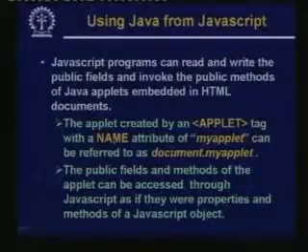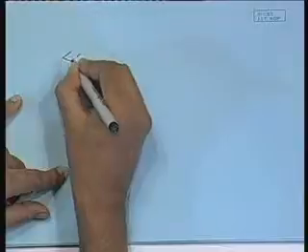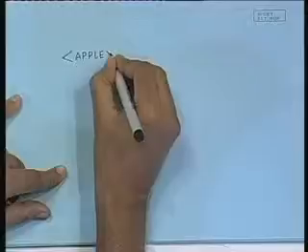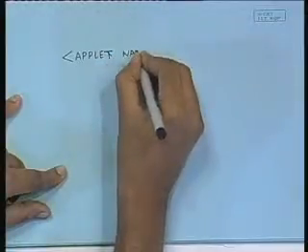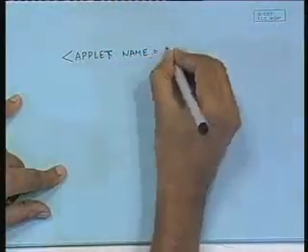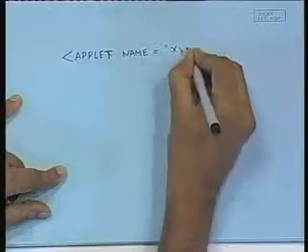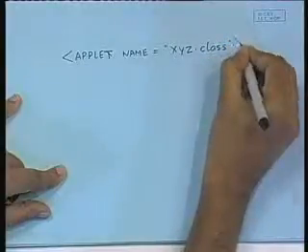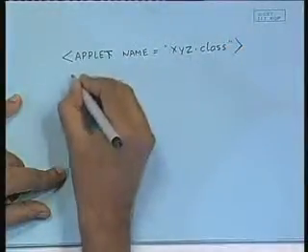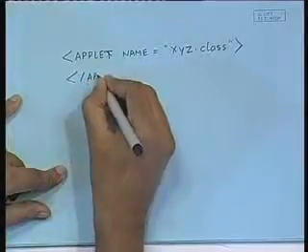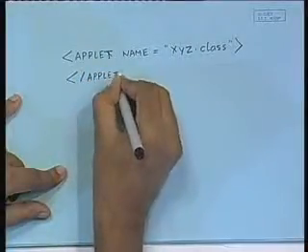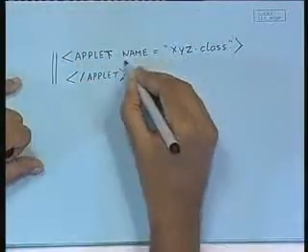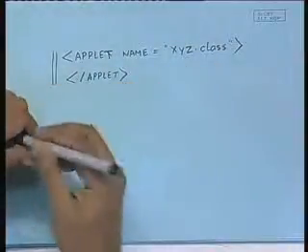So, when we specify a Java program inside an HTML document, we write like this: applet name equal to, we can give some name to the applet, xyz dot class. Then we can have an end applet. There are other attributes also, we shall see them later, but this is the basic thing. So, we can identify an applet by a name.